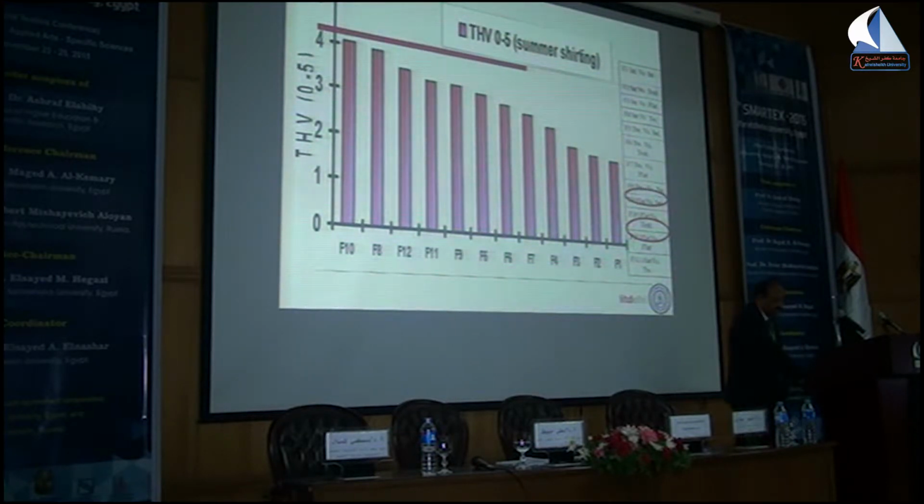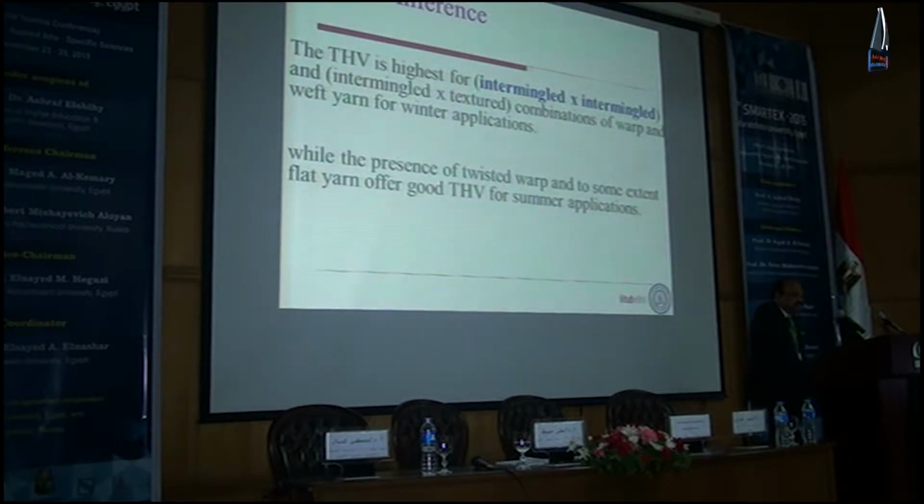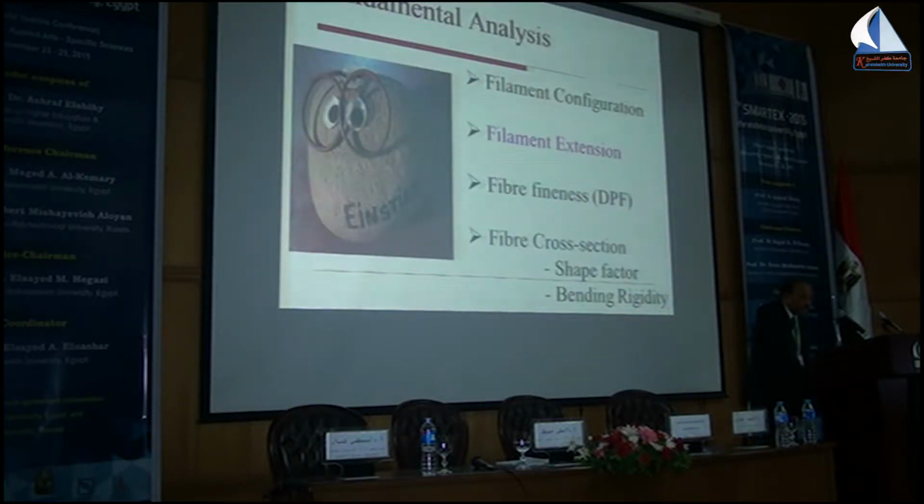So the inference of this exercise is that the THV is very, very high when we take the combination of intermingled and intermingled for winter applications, while the presence of twisted warp and to some extent the flat yarn gives better THV for summer applications.